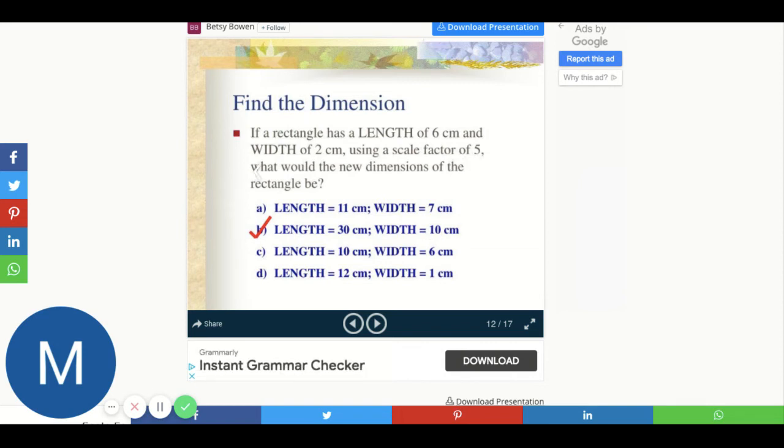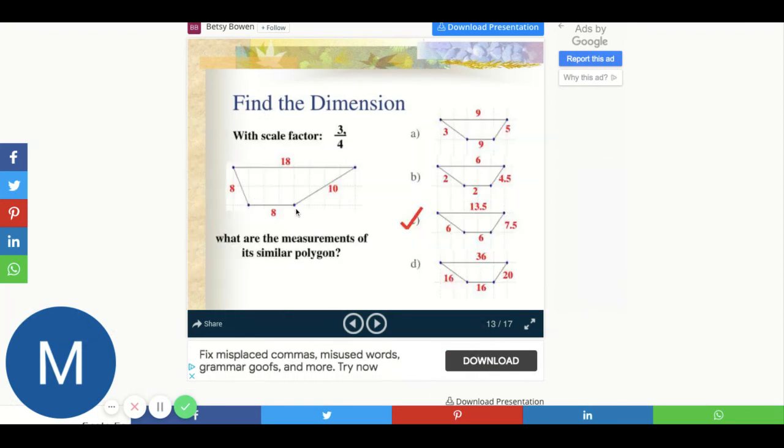On your Google form, you're going to be given side lengths of a shape. Multiply each side length by the scale factor given. In this particular example, I am given a shape with a scale factor of 3/4, and I am supposed to find the corresponding figure. So I'm going to start off with each side length multiplying by my scale factor. So let's start off with 10. 10 times 3/4 is going to give me 7.5.